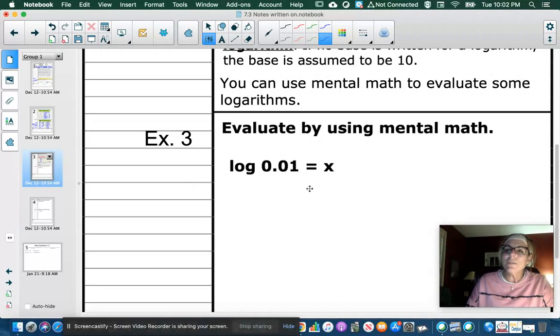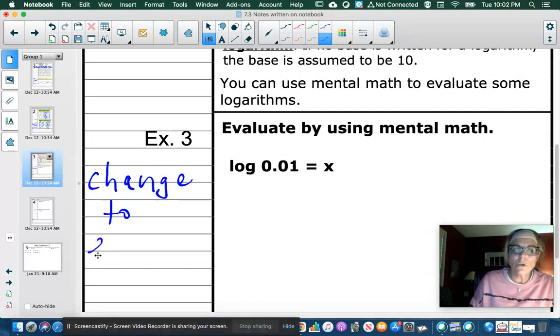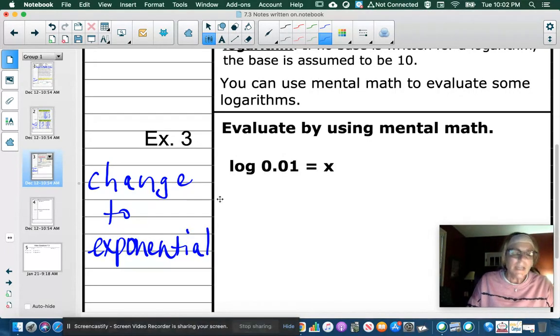So if I am given a log equation, to evaluate that, we have to change to exponential. If there is no base listed, it is assumed to be a 10.